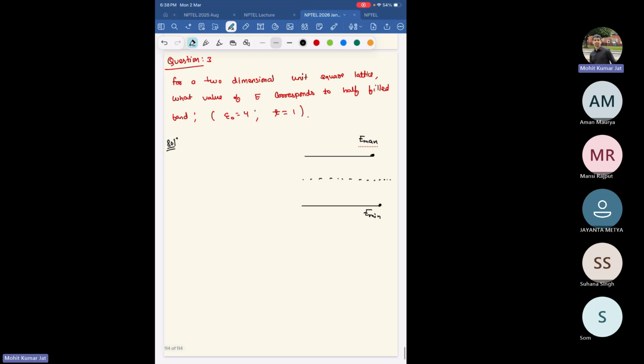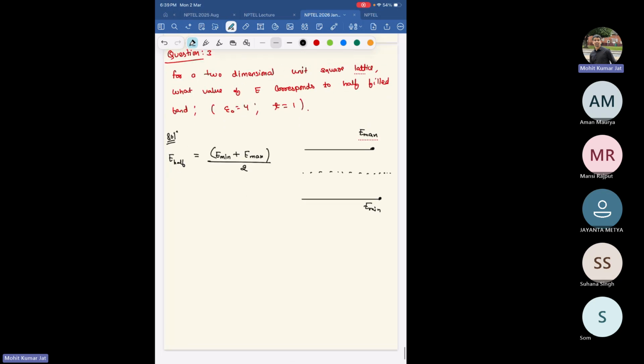This will be half filled, so the energy states will be half filled. So that energy, which we call E half filled, will be nothing but E minimum plus E maximum divided by 2, right? That will be the E half.